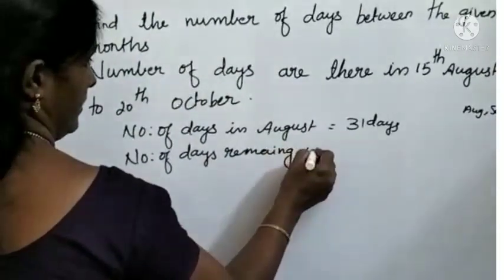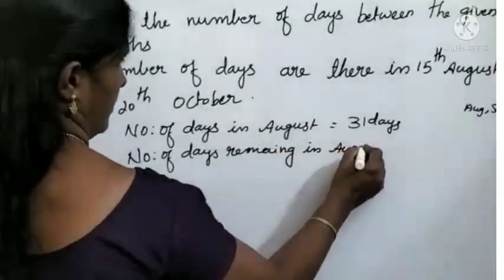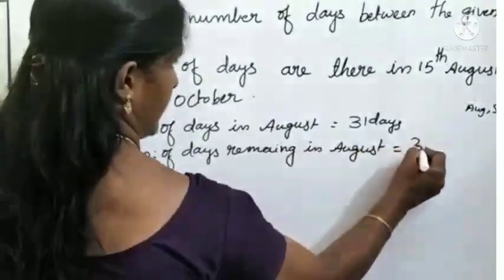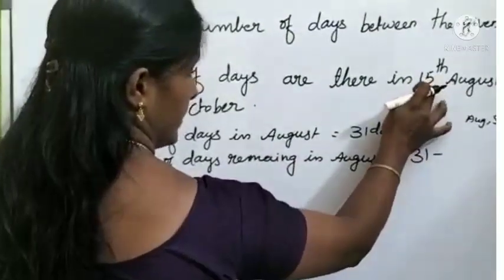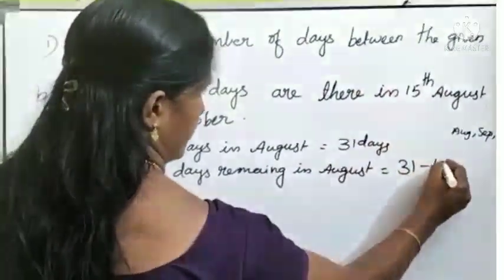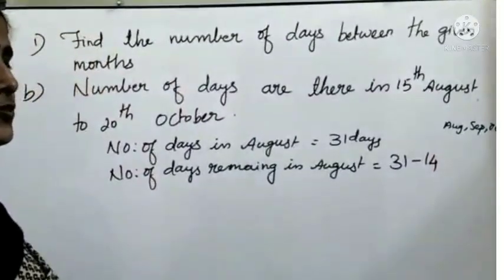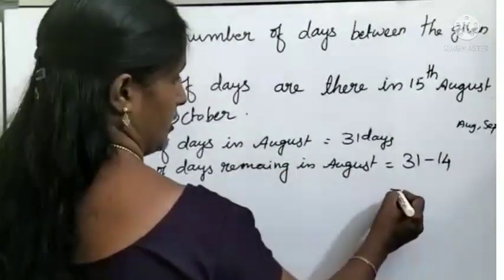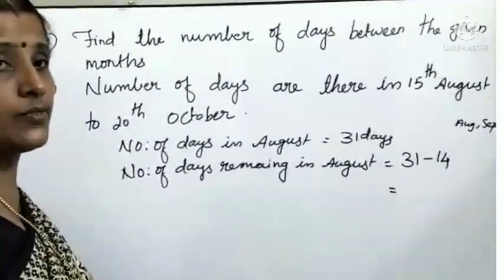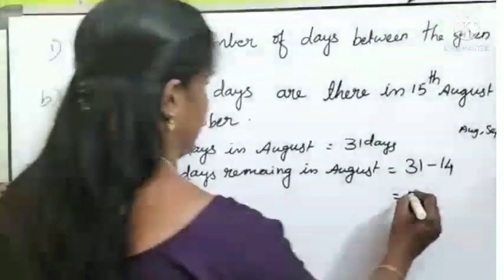So here 31 minus, starting with the 15, the previous day, that is 14. 31 minus 14, already we found out in the first question. So 31 minus 14, what is the answer? Yes, 17 days.